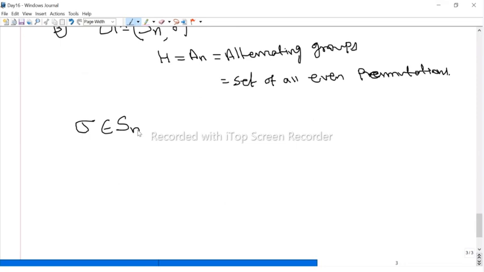Suppose we take sigma in Sn. There is a theorem that says this sigma can be expressed in cycle notation, for example (a1 a2 ... an)(b1 b2 ... bm), a product of disjoint cycles.